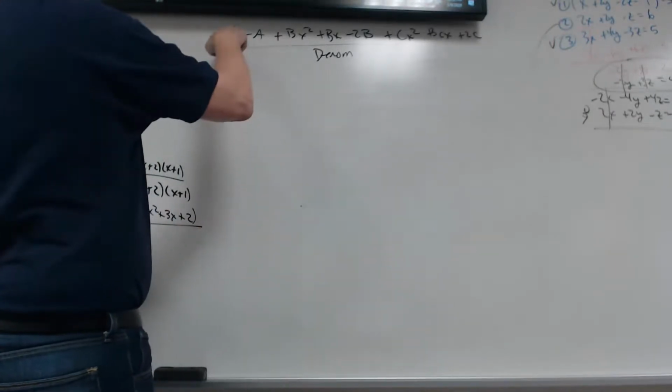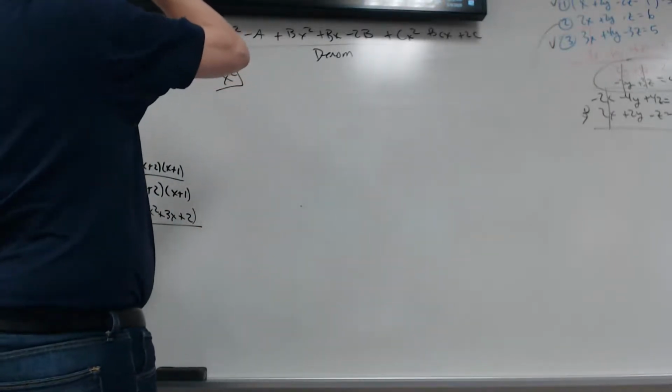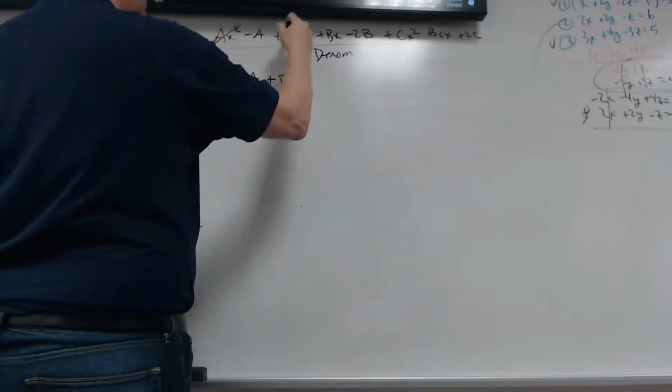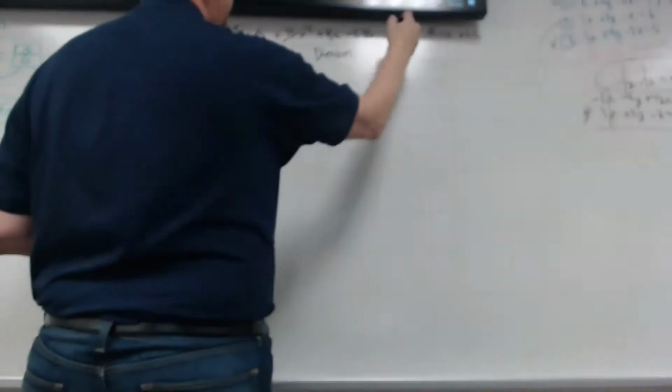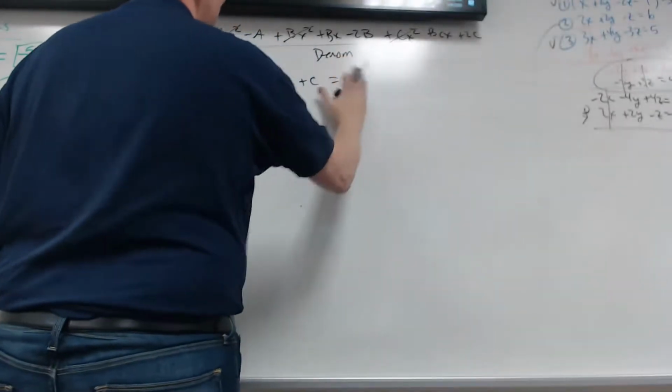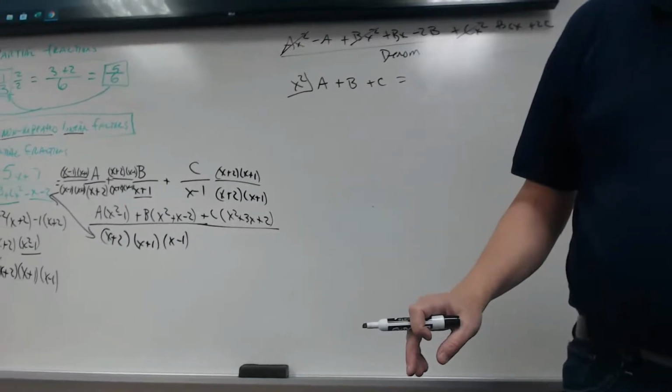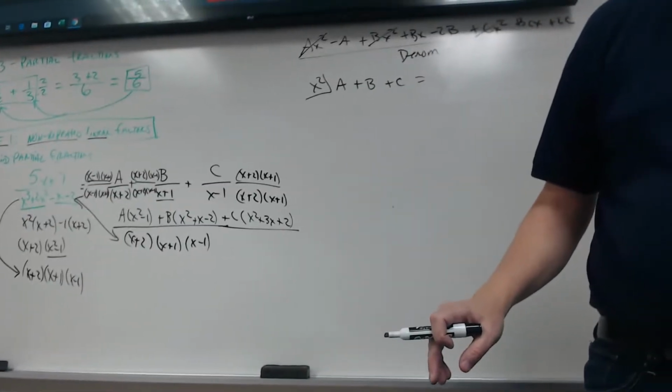Okay? So I'm just going to write down the coefficients of the x squared terms. I'm going to have an a plus a b plus a c equals... okay, let's go back here. I probably better change my thing back so we can see this a little bit. There we go.